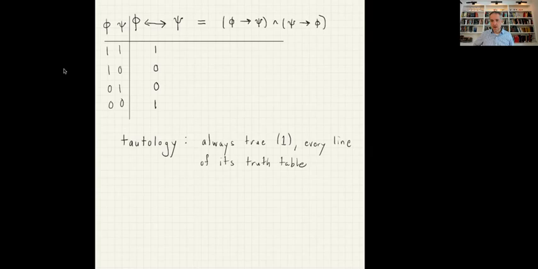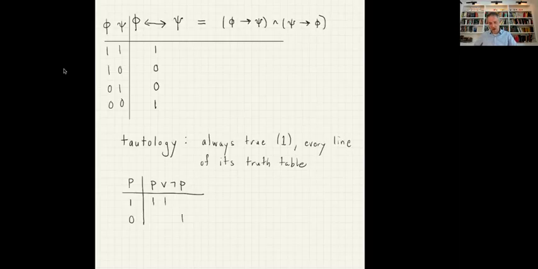Here's a quick example. The sentence P or not P. If you write its truth table, which has 2 lines because there's just one atomic sentence, so P can either be true or false, but actually in both cases, this is true because in the first case where P is true, that's enough to make the or true.